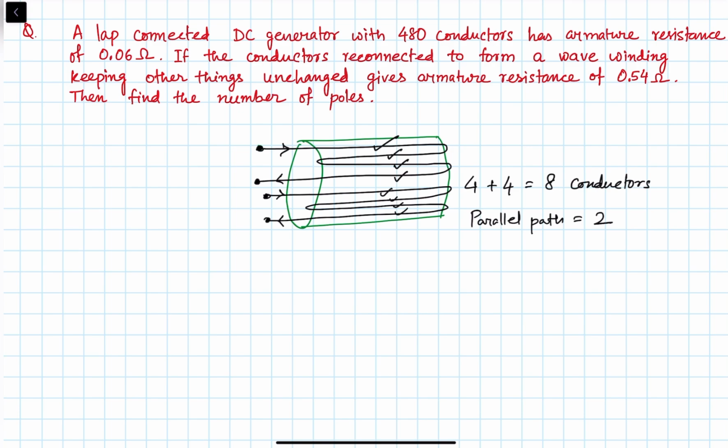As you can see here, I take 1 and it is coming out on this side, and there is a number 2 coming out this side. So there are 2 parallel paths and 8 conductors. All right. Now moving to the next part.